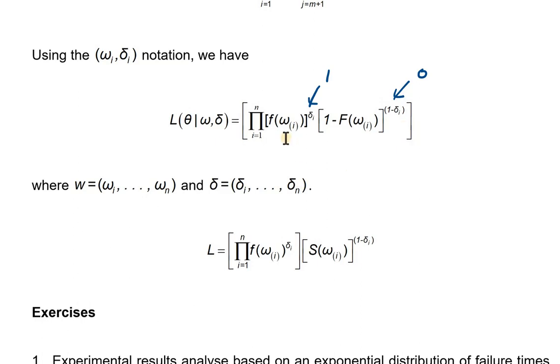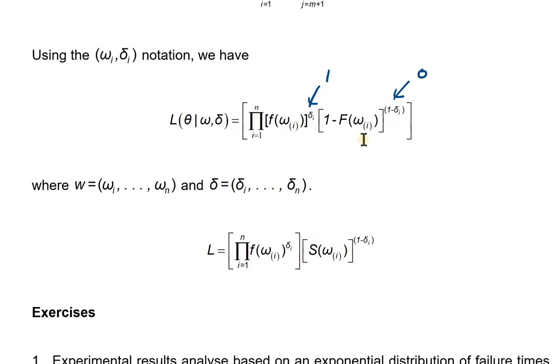Omega can take either x or r, as just now. So for each data, it can take either one of these functions. The indicator defines which function it will take. If it is uncensored data, it takes the first PDF; otherwise, it takes the R(t) for the censored.